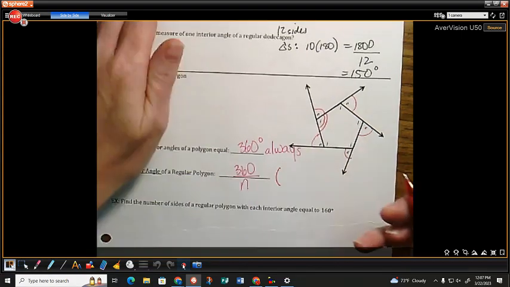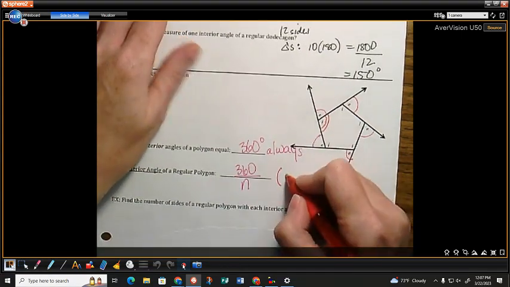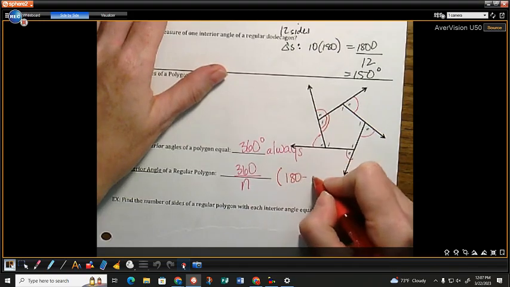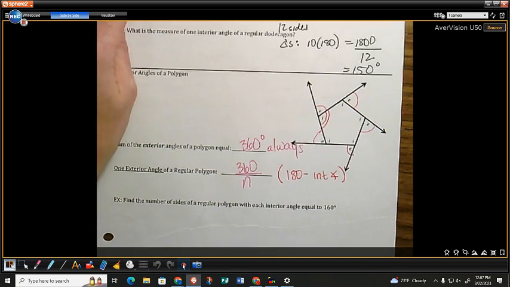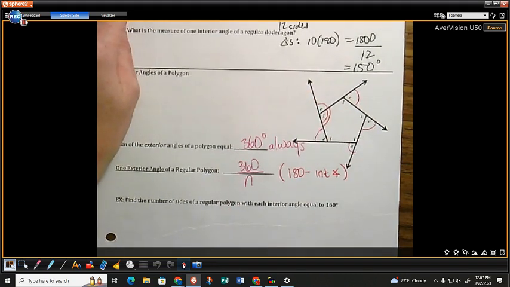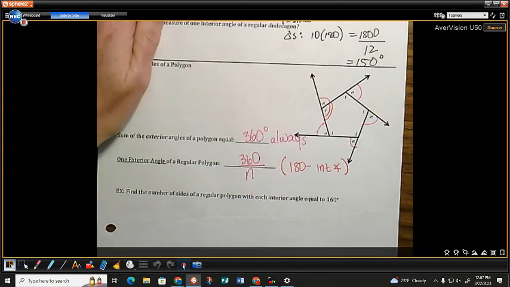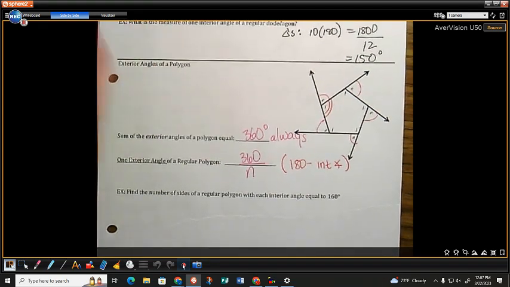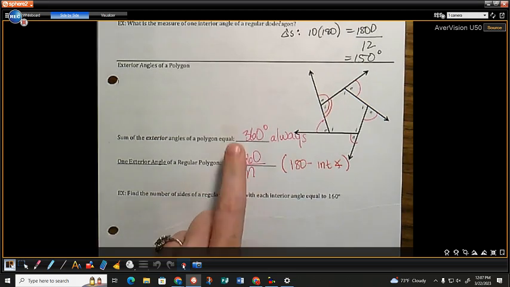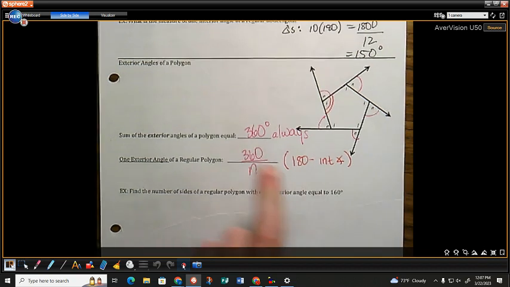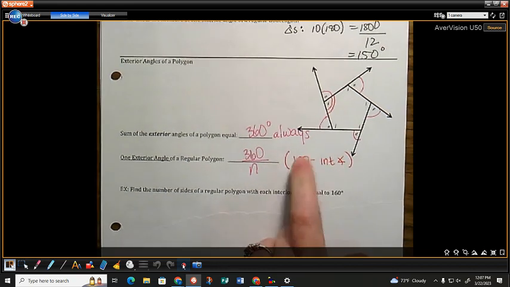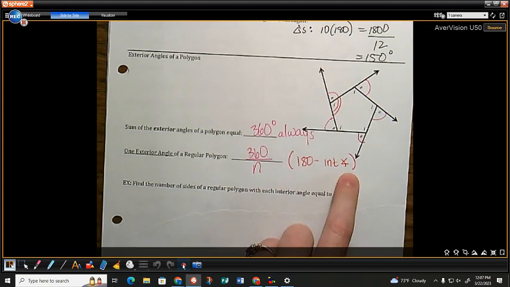So you could always do 180 minus the interior angle to find your exterior angle. So it just depends on what information you have. If you have the number of sides, you can do 360 divided by it to get your exterior angle. If you know the interior angles, you can use the supplementary relationship.